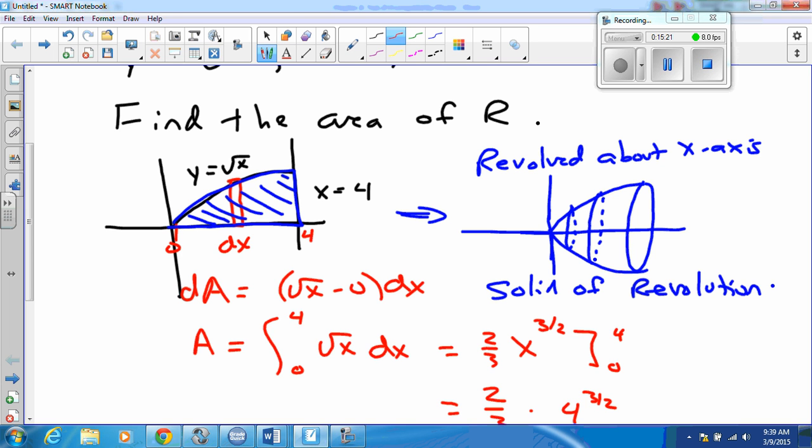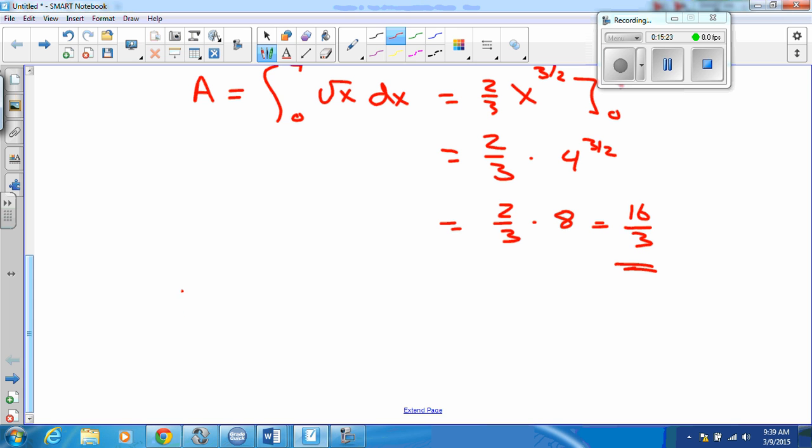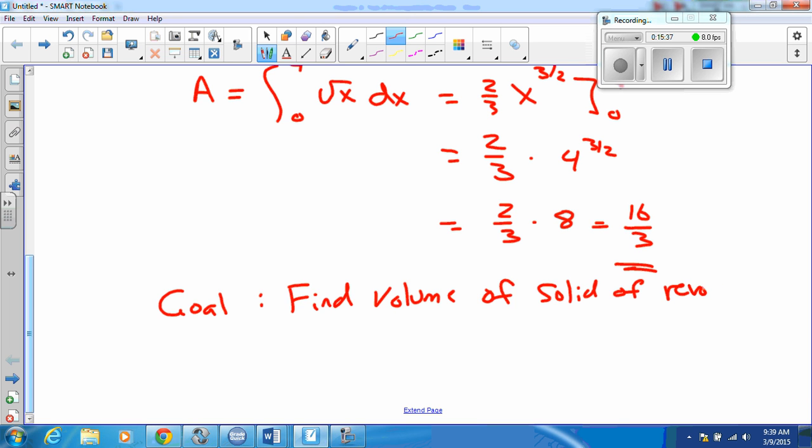Our goal is to find the volume of the solid of revolution. To do this, we're going to use a method that goes all the way back, pre-calculus, to a method of Archimedes.